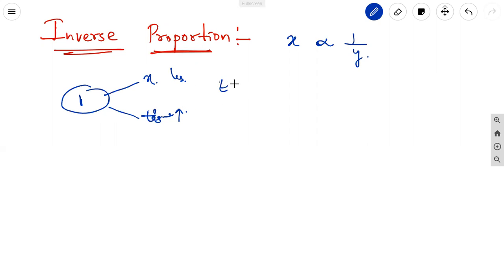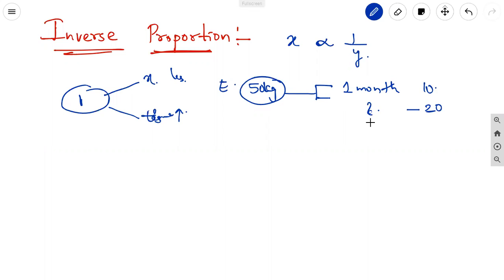And one more example: if a 50 kg rice bag is completed in 1 month by 10 persons, then for 20 members, how much time does it take?